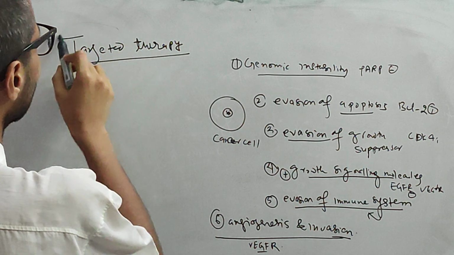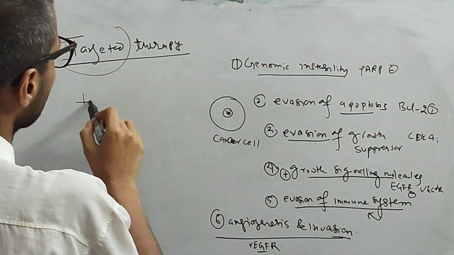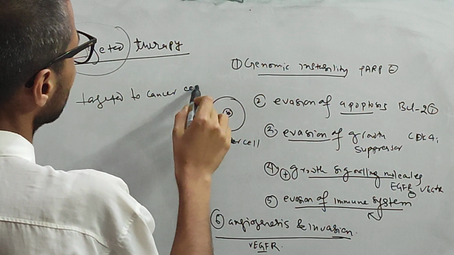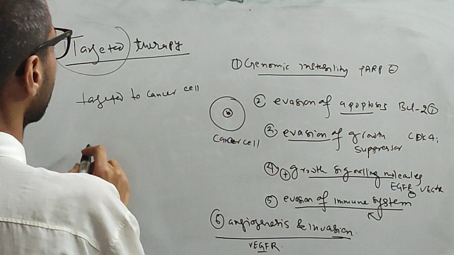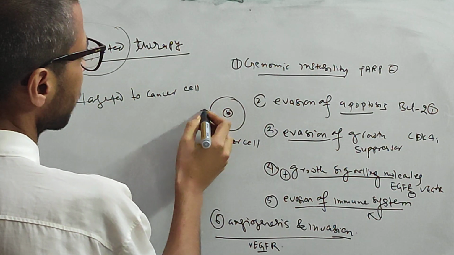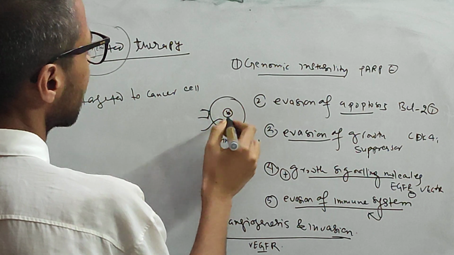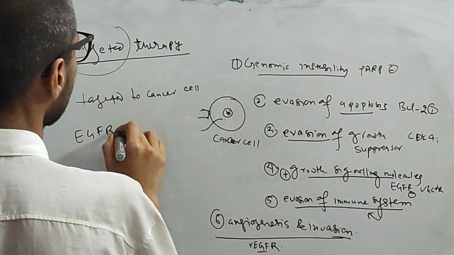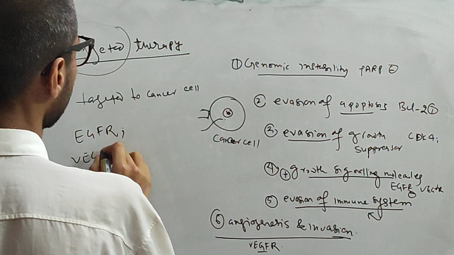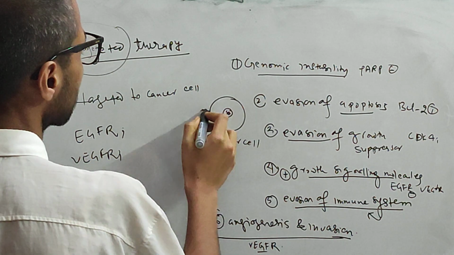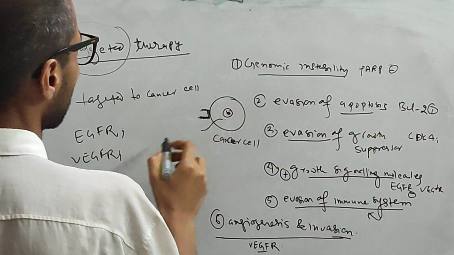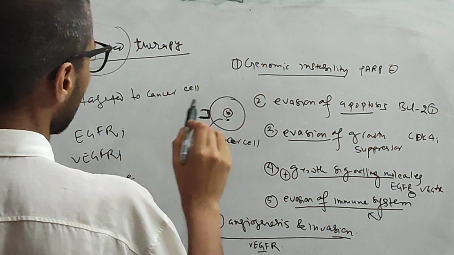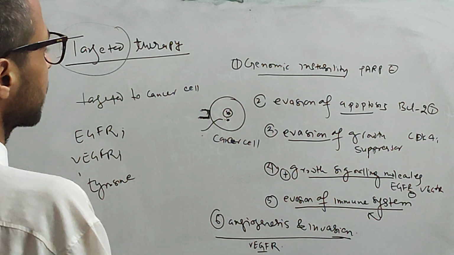That's why it is called targeted: targeted to cancer cells and targeted to a variety of steps in cancer cell growth and invasion. Some target the surface of the cell, and some go inside the cell and inhibit enzymes, like EGFR receptor inhibitors and VEGFR receptor inhibitors. These inhibit on the surface, but tyrosine kinase inhibitors go inside the cell and inhibit the tyrosine kinase.